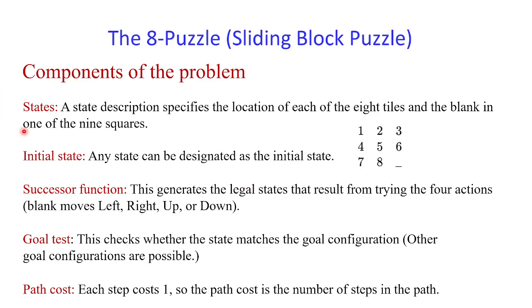In the 8 puzzle problem, a state is the exact position of all 8 tiles and the blank space across all 9 squares. Each unique arrangement is a unique state. So you remember there are 3,62,880 possible states.